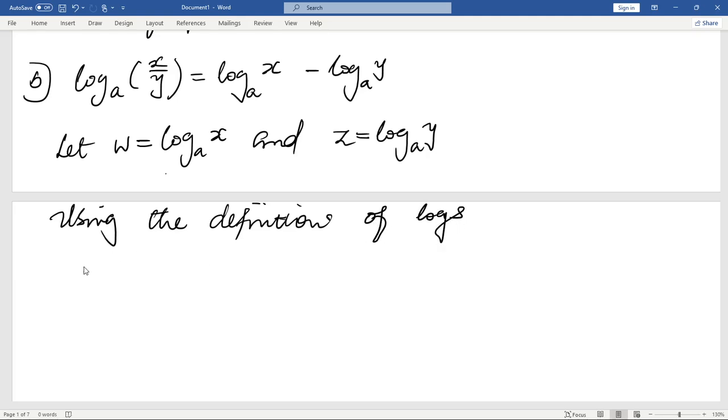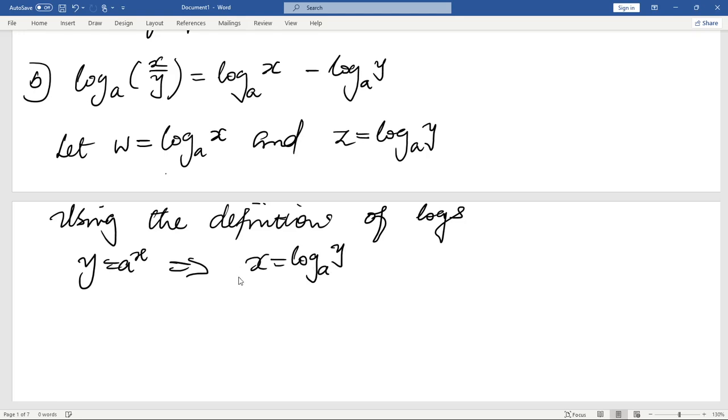Now, using the same definition of logs, where if you have y equal to a to the power x, which is in exponent form, then taking it to logarithmic form we simply have x equal to log y to the base a.